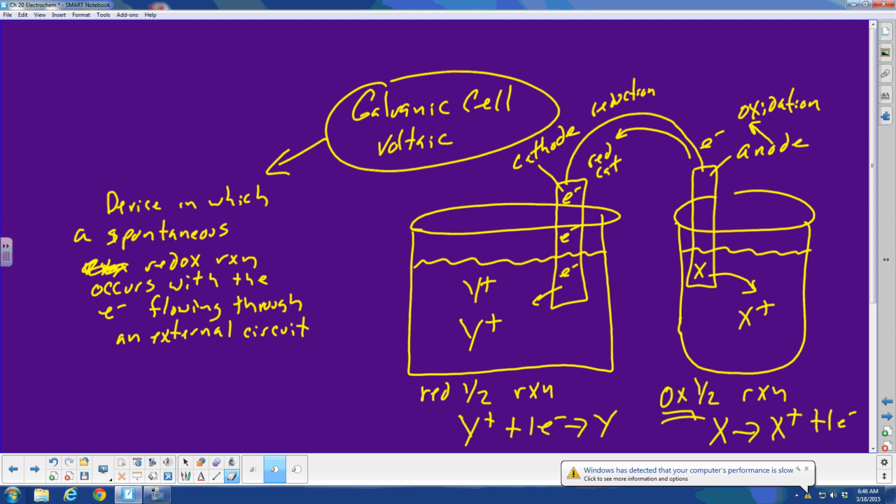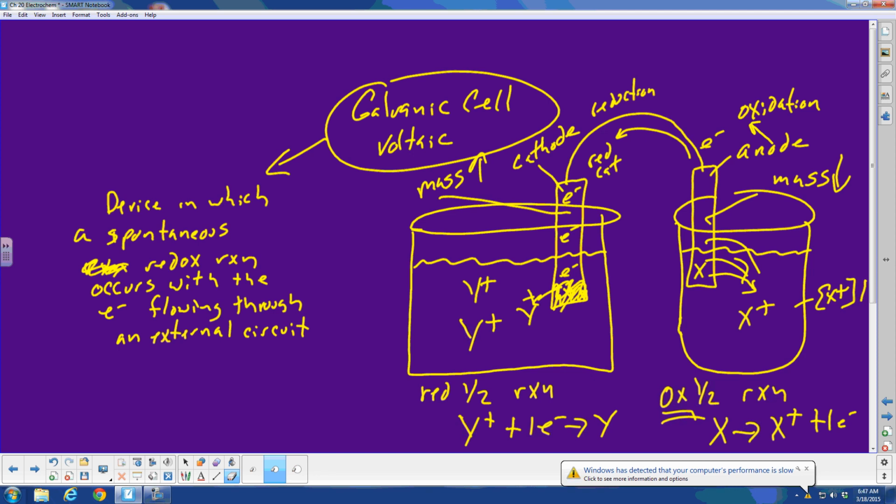They are going to hook up with an electron, and when they do, they're going to coat on this cathode as Y. So my Y starts going onto this cathode, and my anode starts diminishing. So the mass of my cathode increases, and the mass of my anode decreases, because that X keeps going into solution. So then, what happens to the concentration of my X plus here?